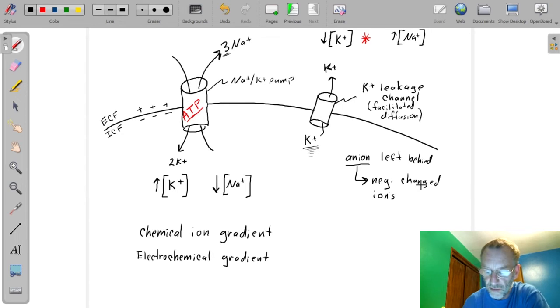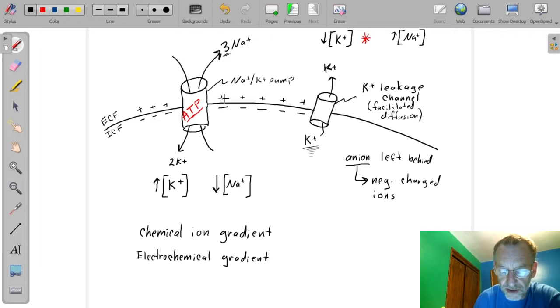So as you have more of the negatively charged ions left behind, that's what gives you most of this negative charge at the membrane. Now also remember that this resting membrane potential that we're drawing here, positive on the outside, negative on the inside, occurs only at the membrane. It doesn't mean that the middle of the cell is negatively charged. This whole story is right at the thin, oily film of the cell membrane only.